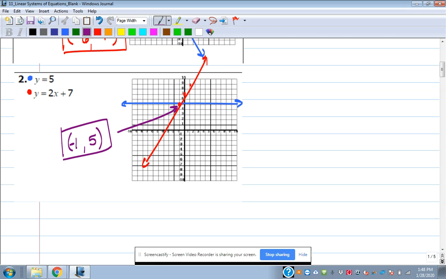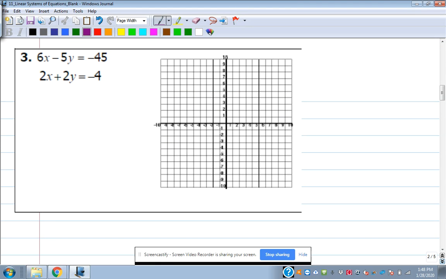Let's hop down there to number 3. What's wrong with those equations? They're not in slope-intercept form, so we need to get them there so that we can graph them easily. So the top one, I'm going to go over here and write 6x minus 5y equals -45.